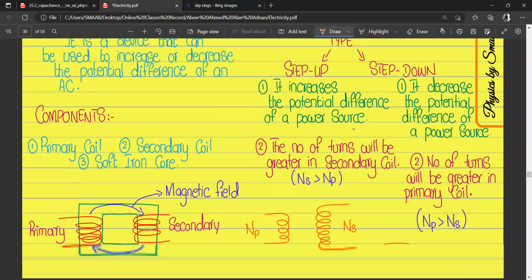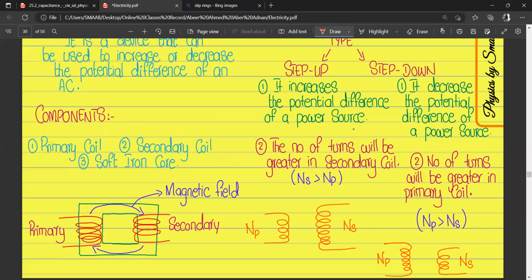So if there are questions related to the ratio of the number of loops in the coil or related to the transformer, where a value of voltage is given, we can also calculate the values related to the transformer. Let's talk about the formula we are going to use for the transformer.